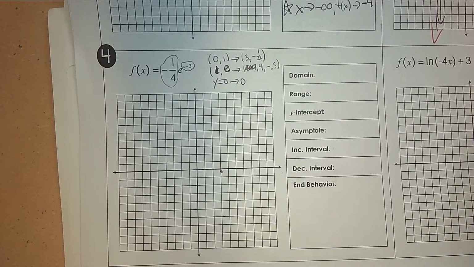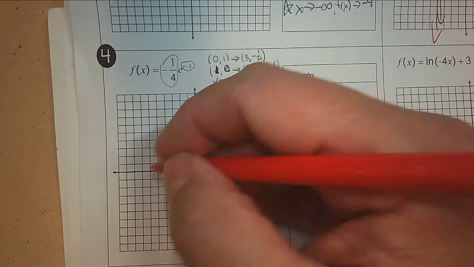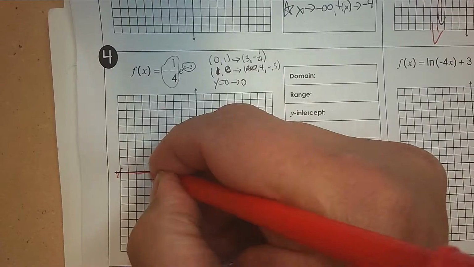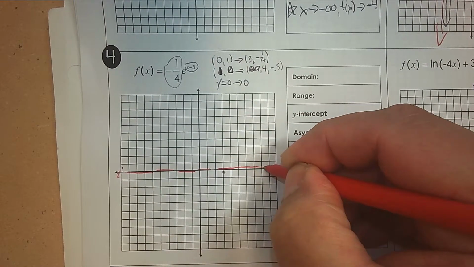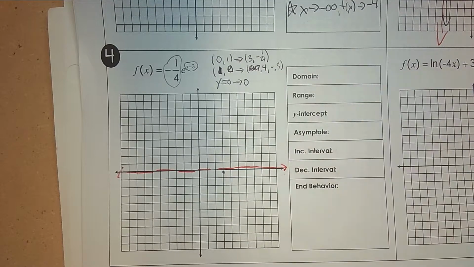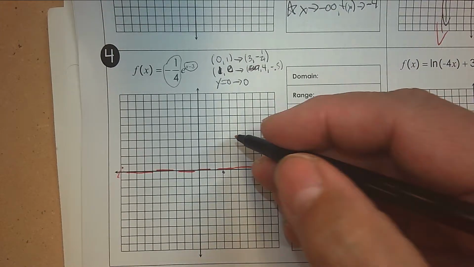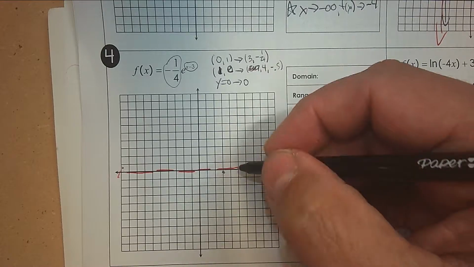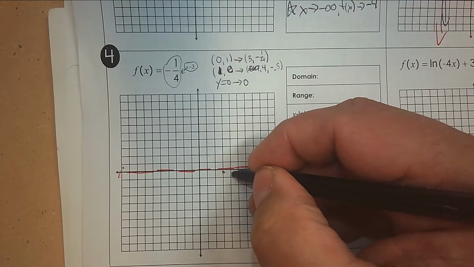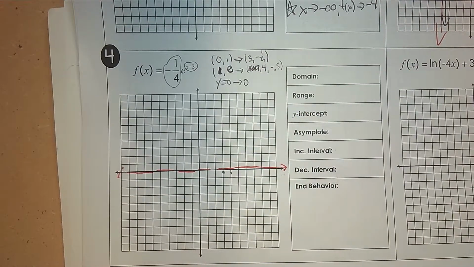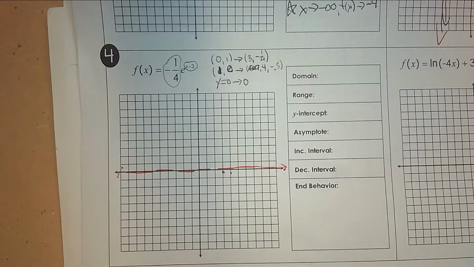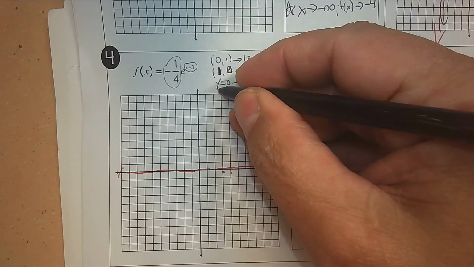Where's my red pen? Y equals 0. That negative in front, instead of going up, it's going to go down.